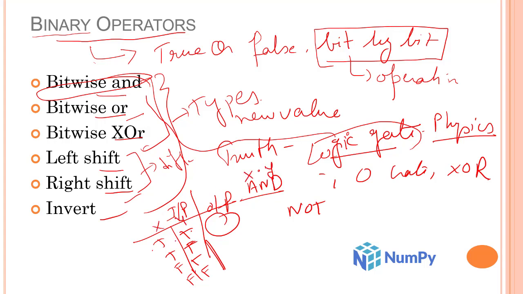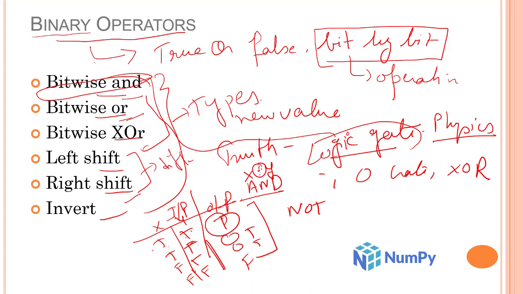Whenever we get true true, that is 1 1, the output is true. True false, that is 1 0, gives 0 if you multiply. And false false is false. So the same operation is followed by bitwise AND.